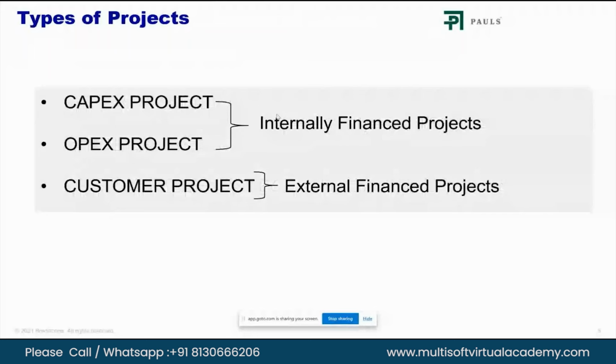It is creating an asset for the country. The expressway would be used by the public, and it would be an asset for the government. So government bodies, say NHAI, National Highways Authority of India, would be infusing their own money, high expenditure, into the project to construct the asset, right? So this would be a CAPEX project.